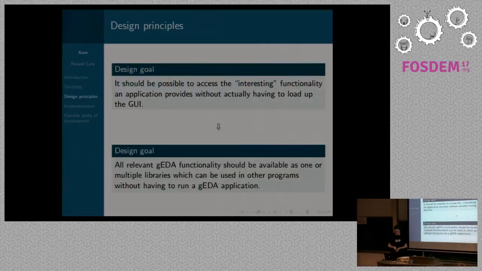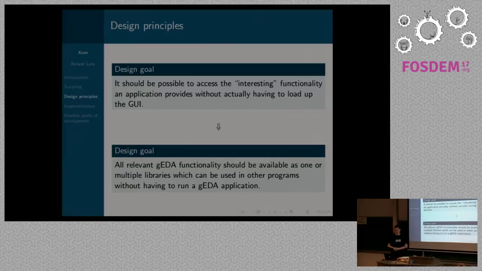So in order to create a good scripting foundation, it is necessary to see what is a good idea to have for scripting in a free software context as opposed to proprietary software, because the models we know from there may not be very useful in a free software context.